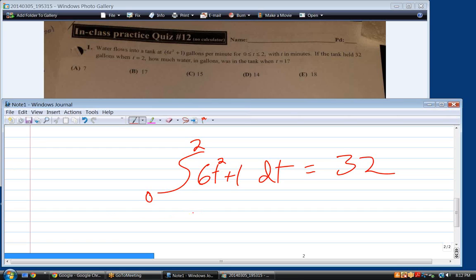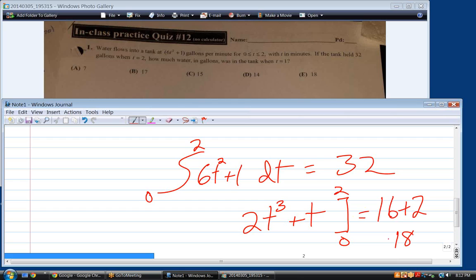Well, what do we get if we do 0 to 1 of this thing? We get 6t cubed, so we get 2t cubed plus t, evaluated from 0 to 2. What does that equal? Let's see, that's 16 plus 2, which is only 18.